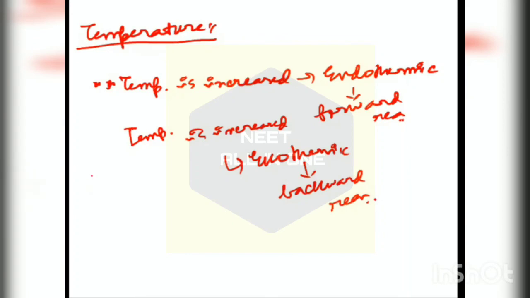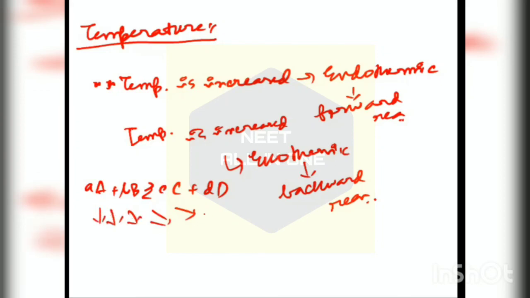Suppose there is a reaction A plus B giving C plus D. Now this reaction is exothermic. That means when the reaction is happening, it is emitting some heat. Now if the temperature is increased, the reaction is already releasing heat, and now we are also giving heat from outside.